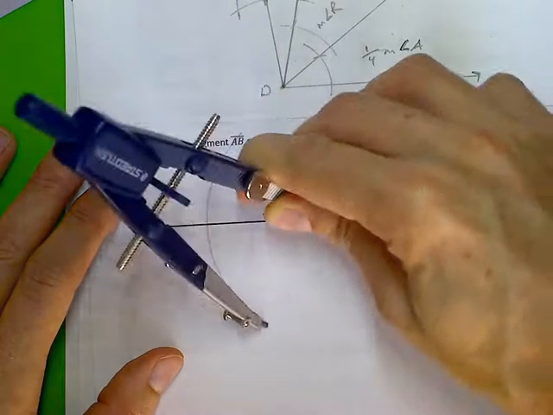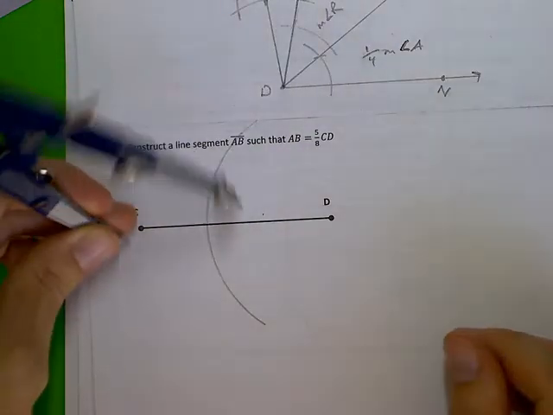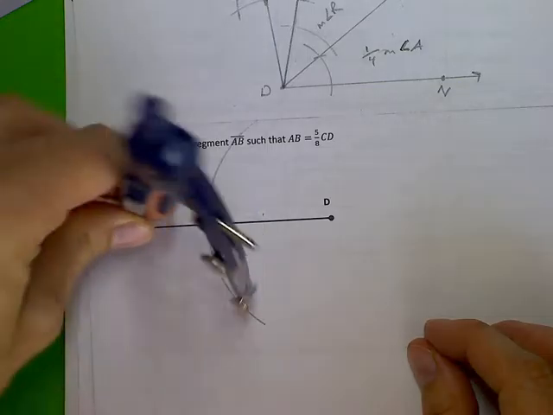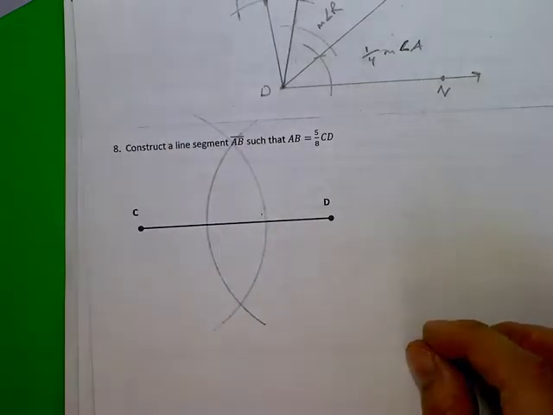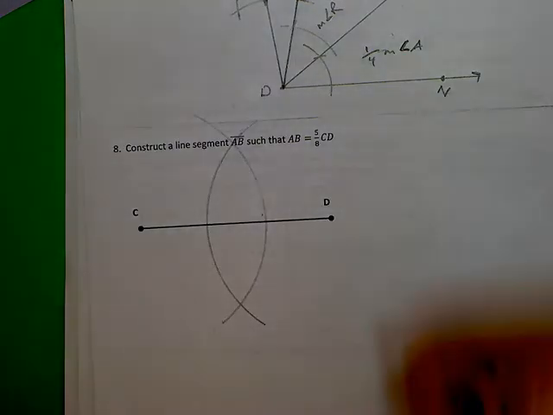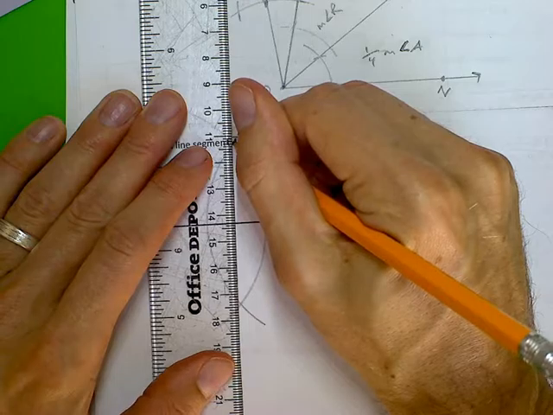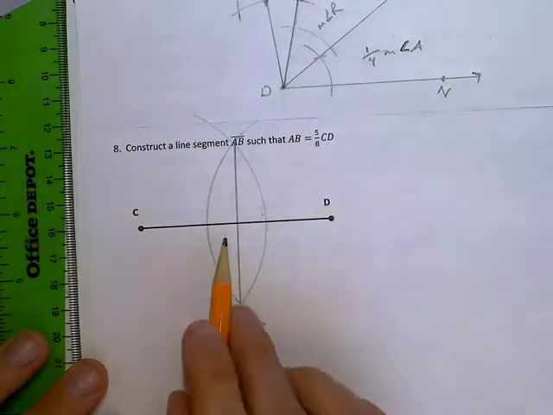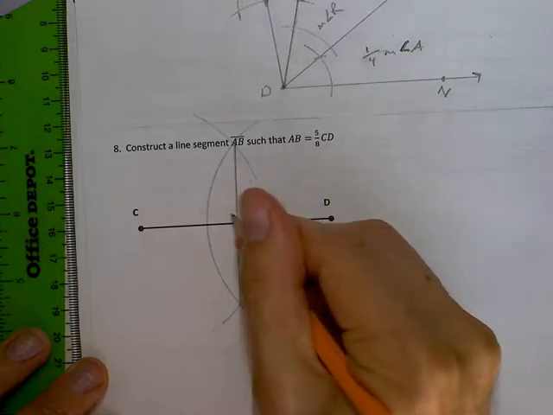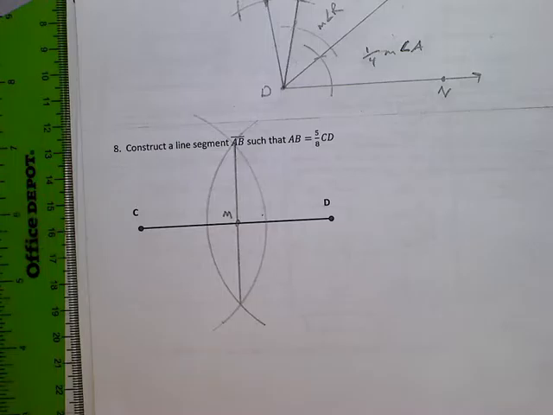I'm drawing this two-sided fish. So there's one, and there's the other. Now, going to carefully connect these 2 points. And I have cut, I call this M for midpoint, I have cut this line segment in half.